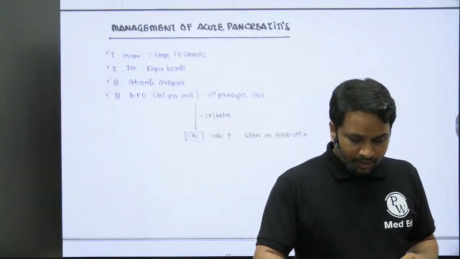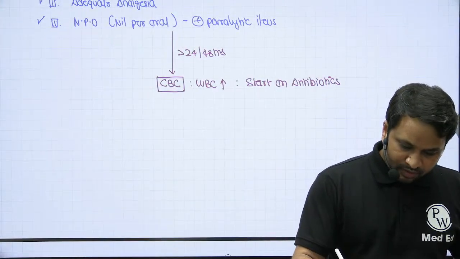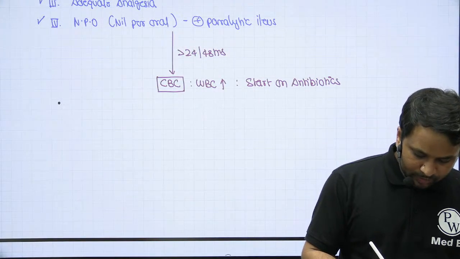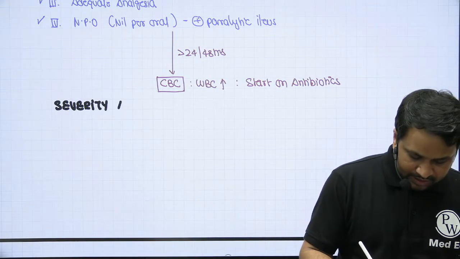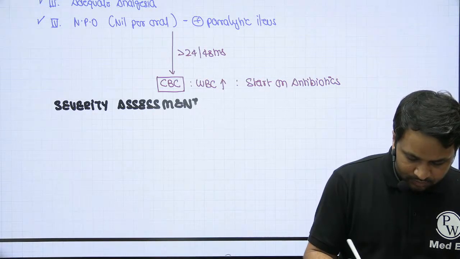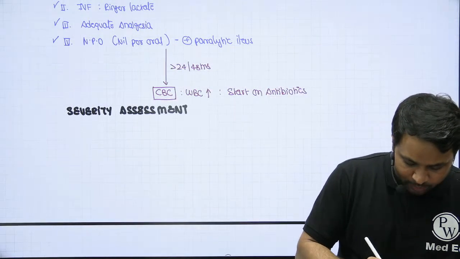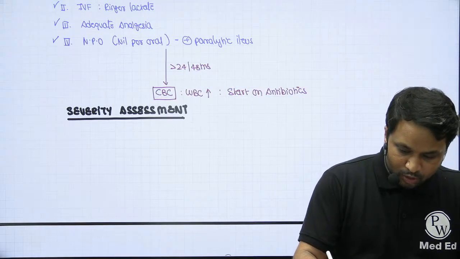Now, what are the tools for the assessment of severity? For severity assessment of acute pancreatitis, you don't need to write the entire protocol. Just remember the severity assessment tools that we are going to use.